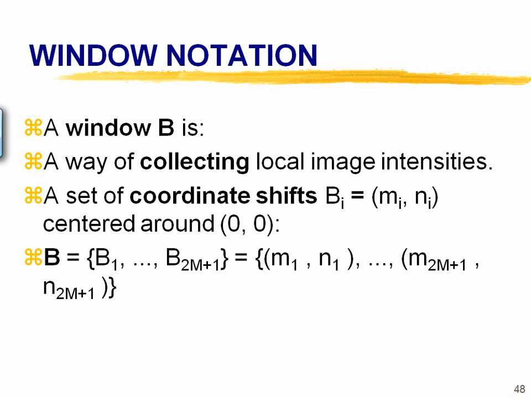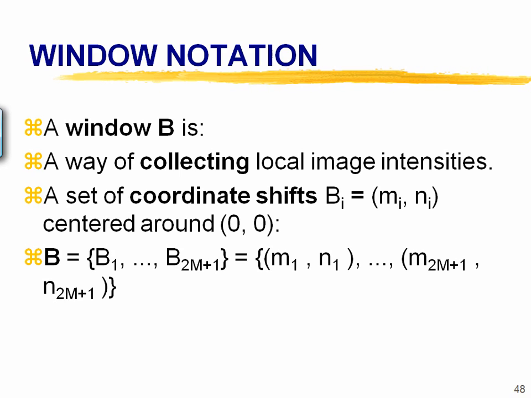So we'll define this window B sub i being equal to a collection of coordinate values defined by m sub i, n sub i. All of these are going to be centered around 0, 0. So in constructing any window, you will always define the center pixel to be 0, 0. Every other position in the window is a coordinate shift from 0, 0. For example, this would be -1, -1. This would be 1, 1.